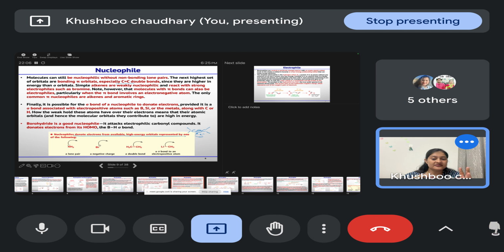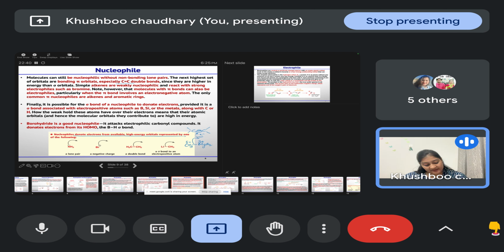Because when a sigma bond is formed between carbon and a metal species, the metal, being positively charged, pushes the electron density towards the carbon, and carbon is electron rich in that case. For example, in the case of lithiated species, or in the case of Grignard reagent, here also the negative charge is on carbon and the positive charge is on magnesium.